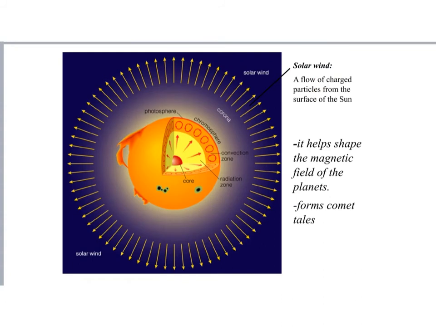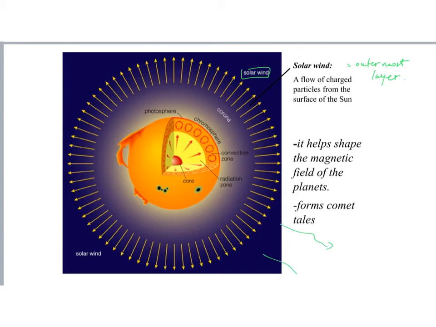All right, so the structure of the sun. We're going to start with the outermost layer, the solar wind, which is basically a flow of charged particles from the surface of the sun. And it's very important.